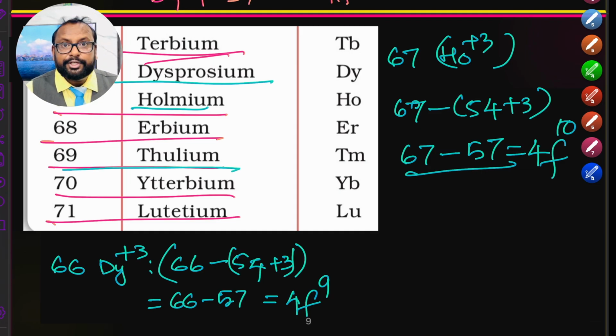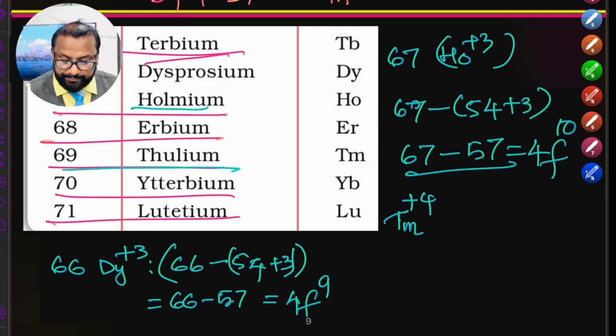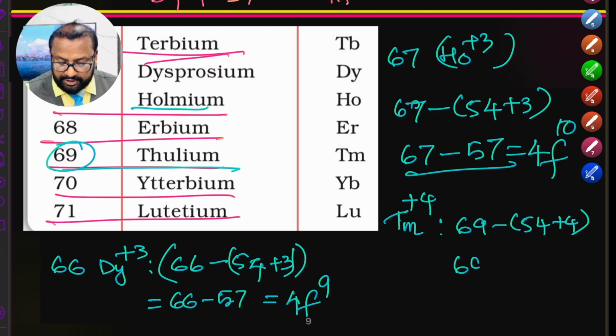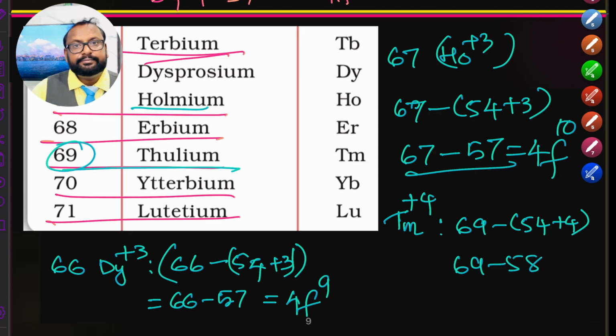We'll see thulium. So we have Tm plus 4. Let's do it. It is 69 minus 54 plus 4. So this is 69 minus 58.